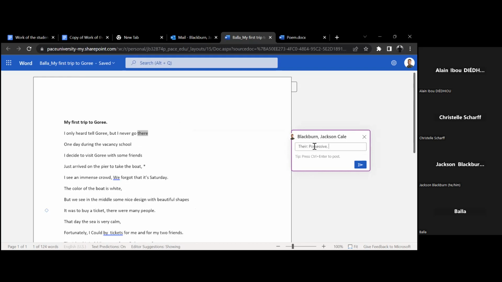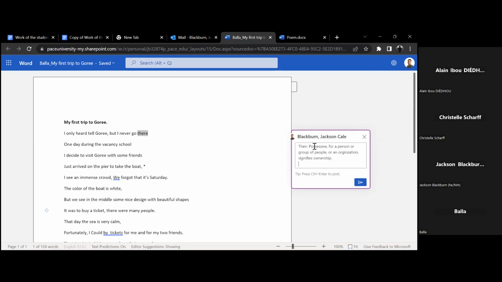And it's usually in terms of talking about a person or a group of people, or an organization, and it signifies ownership.